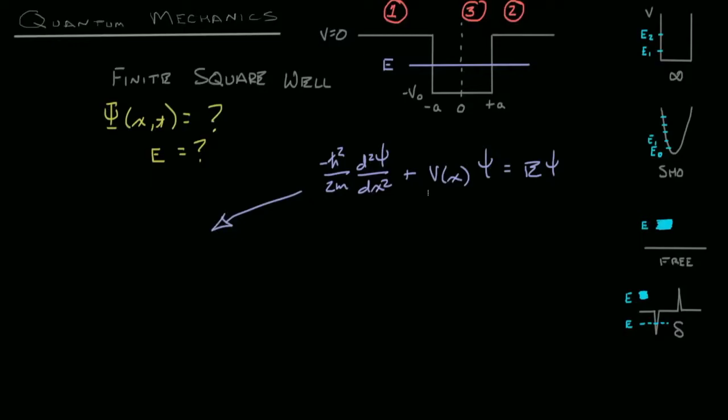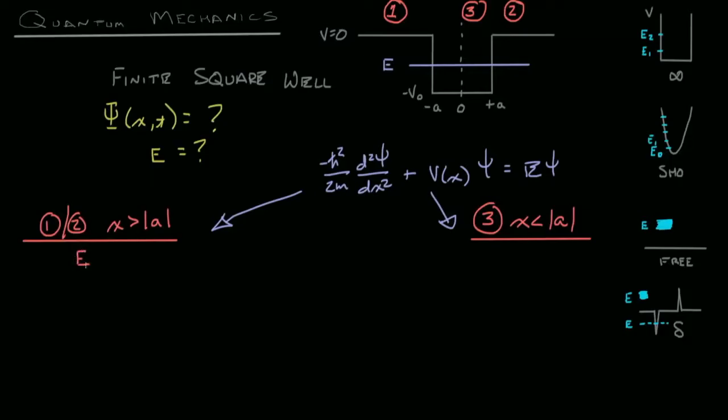And similar to the approach that we've taken previously, we'll split it up into regions. Region 1 and 2 is where x is greater than the absolute value of a. Region 3 is where x is less than the absolute value of a.